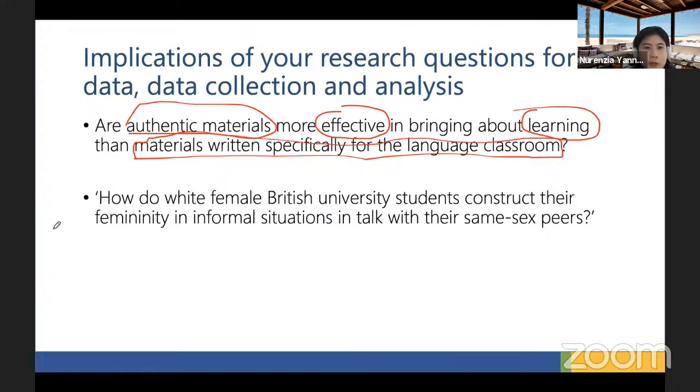Okay, now we look at the second one. Look at this for maybe 2 or 3 minutes, and then I will want one of you to try to speculate on what are the implications of having this research questions.